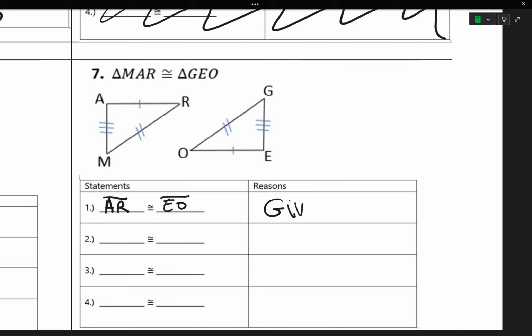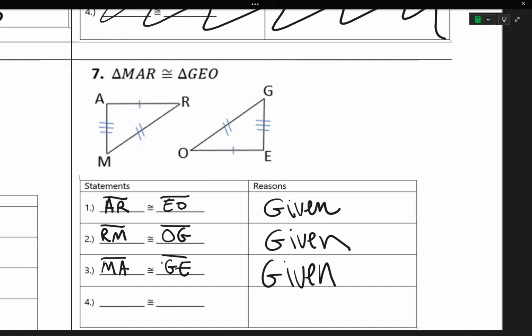That was given. Number 2, 2 tick marks. We have RM, congruent to OG. And lastly, the triple tick mark on the left, MA, congruent to GE. That was given to us. And we can say that number 7 is correct. MAR is congruent to GEO by side, side, side.